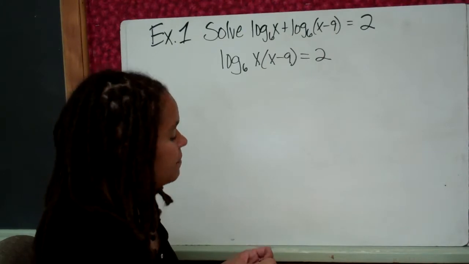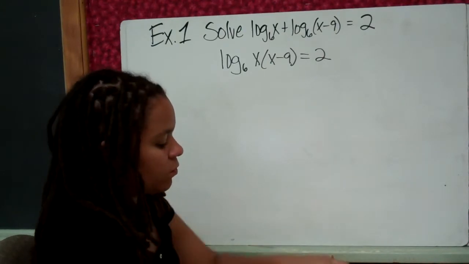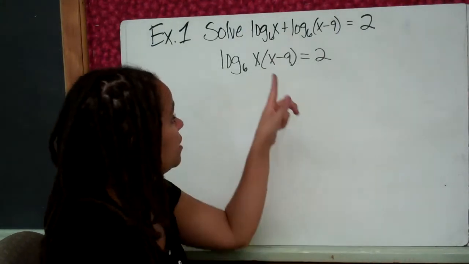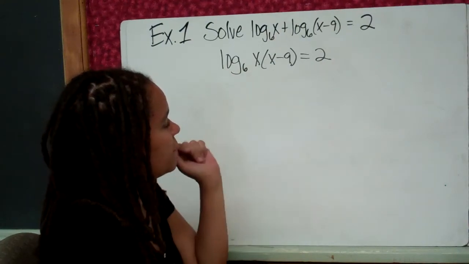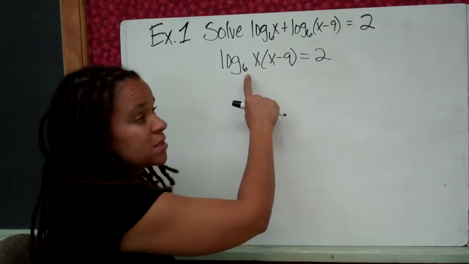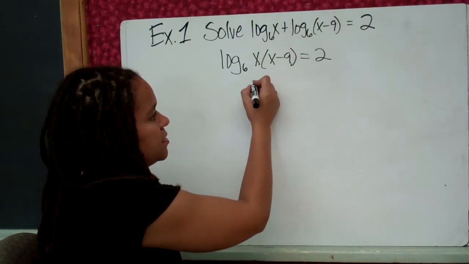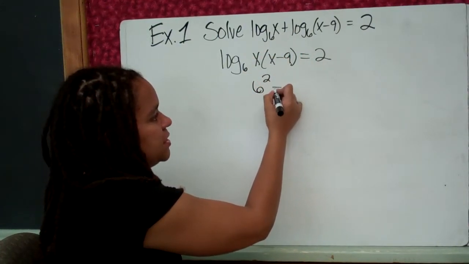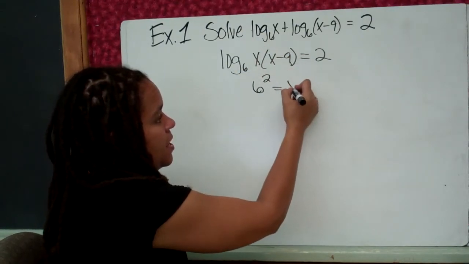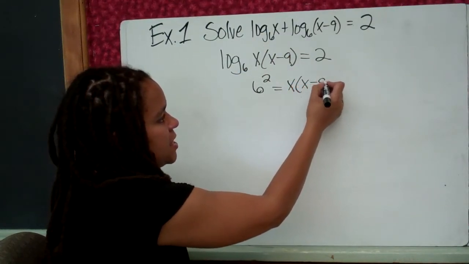And why would we do that? Well, now we can get rid of that log because our whole goal is to solve for x. I can use the property of logs: I can take 6 to the power of 2 and set it equal to x times x minus 9. So 6 squared is equal to x times x minus 9.